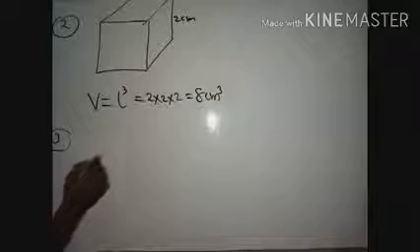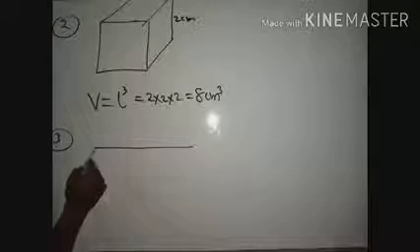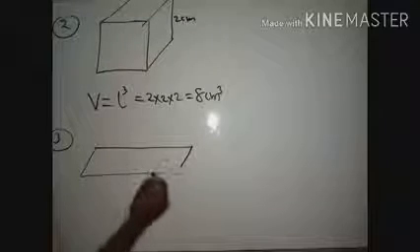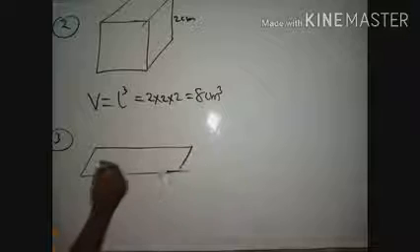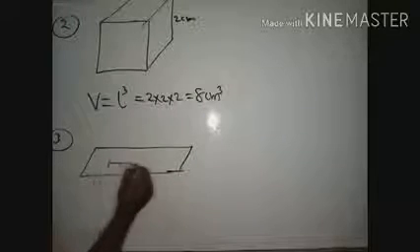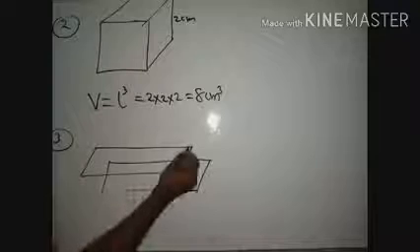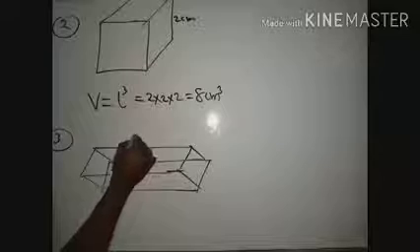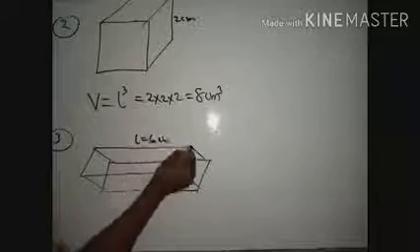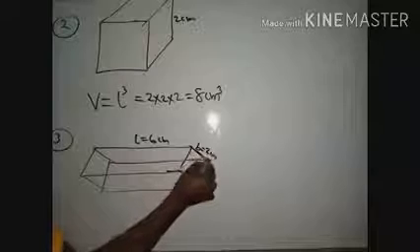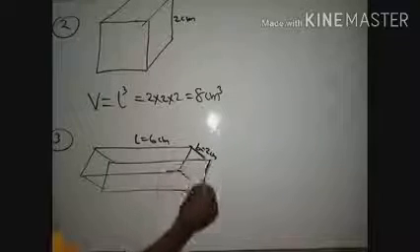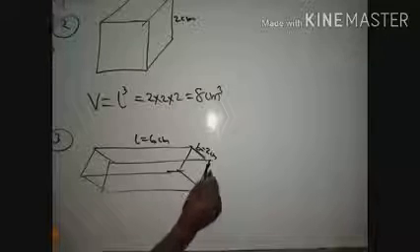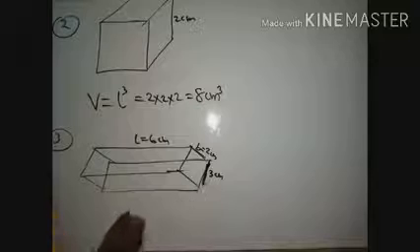Let's look for a cuboid. If I have a cuboid and I'm given the dimensions, so I'm trying to draw a cuboid here, just don't mind me. You are given the length to be equal to 6 centimeter, the breadth to be equal to 2 centimeter, and the perpendicular height to be 3 centimeter, like what we just did.